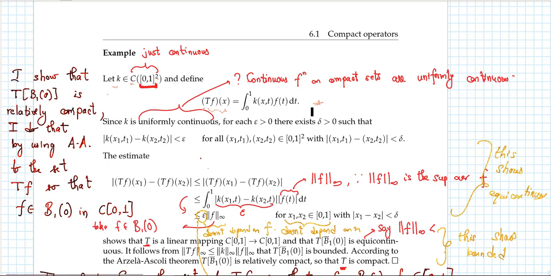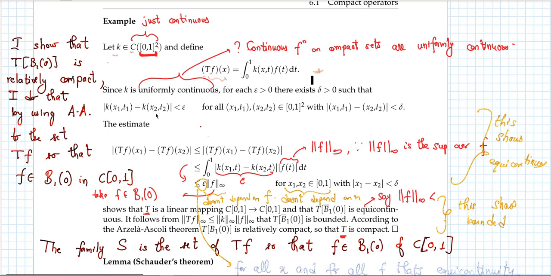Since K is uniformly continuous, how do I know that? I just saw that it's continuous. How does the uniform continuity apply from here? Well, continuous functions on compact sets are uniformly continuous. So this closed interval [0,1] is a compact set, and thus K is also a uniformly continuous function.